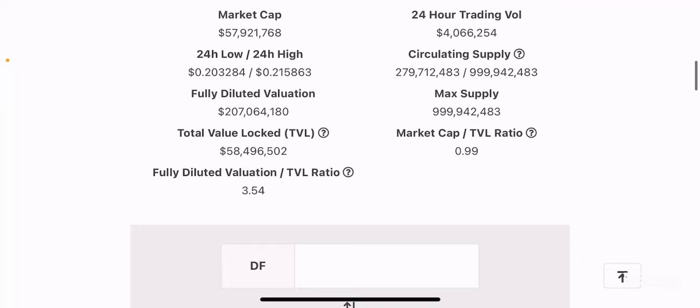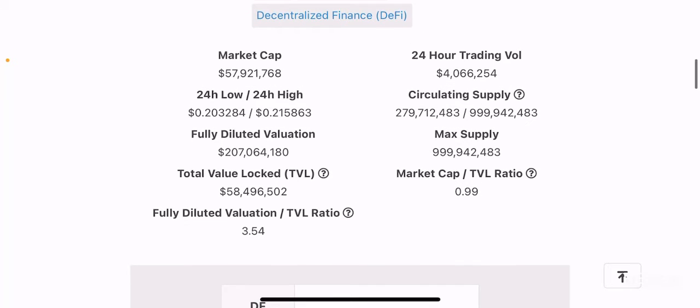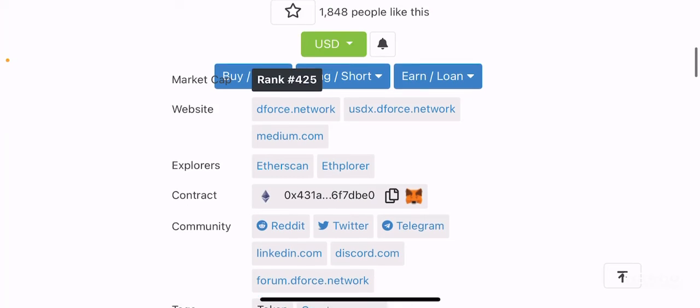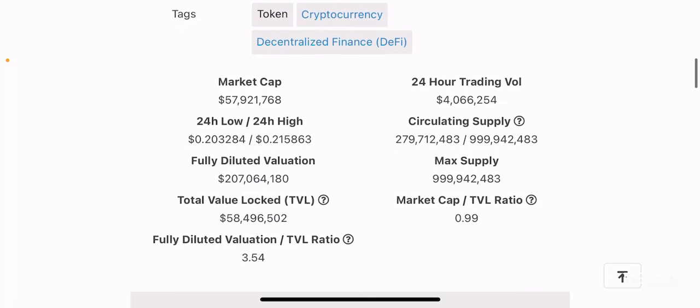If you take the market cap to total value locked ratio, which is a ratio that divides the market cap by the total value locked, you can clearly see that the token is almost fairly valued. It's slightly undervalued, but it seems to be close to its fair market value, which is about 20.5 cents per token.